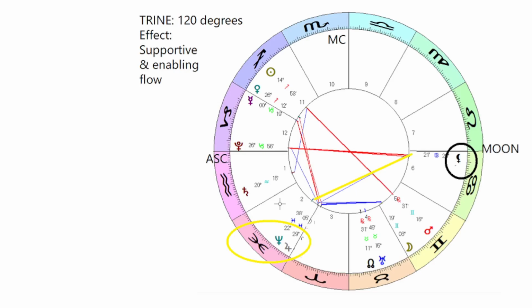So this agenda, this desire that they have for their life is well supported by their moon in Cancer. Cancer is a spiritual sign. It's connected with nurturing. It's connected with history and lineage and the past and the mother and housing. And it's in the 6th house.